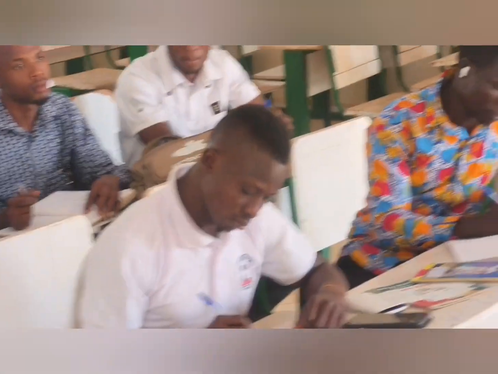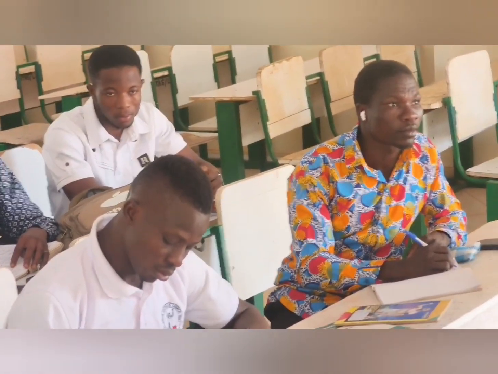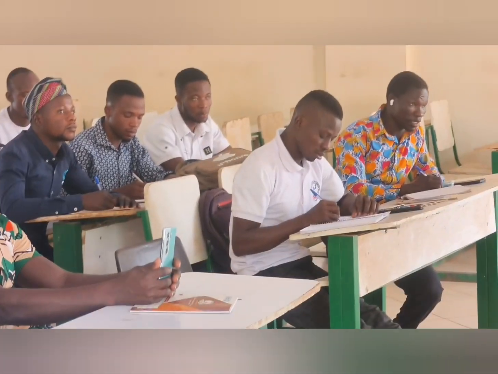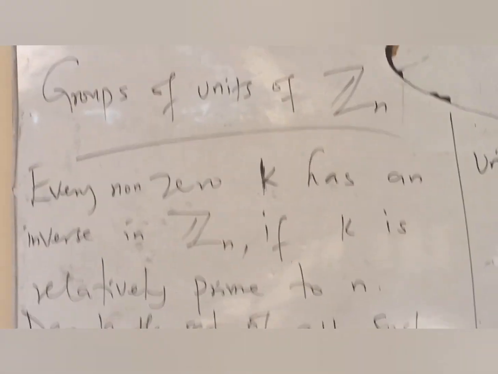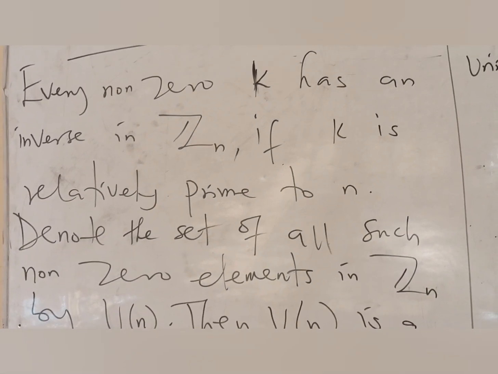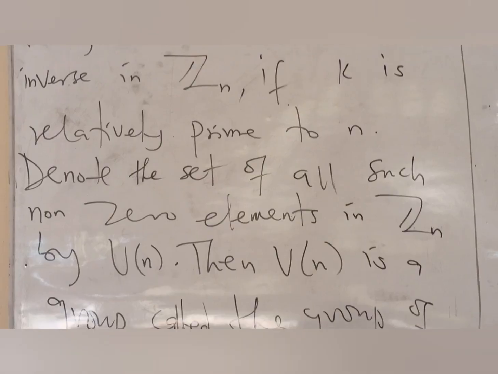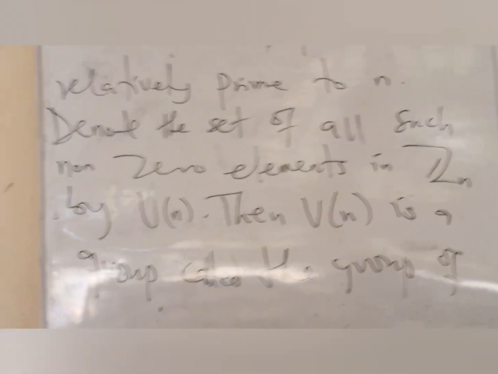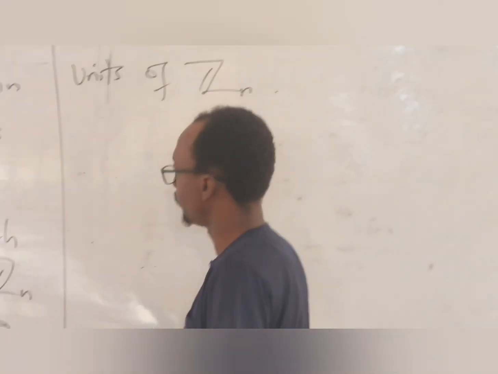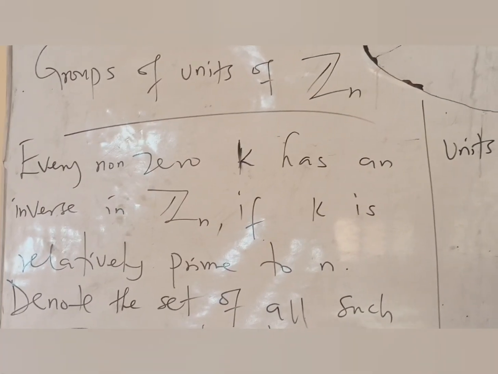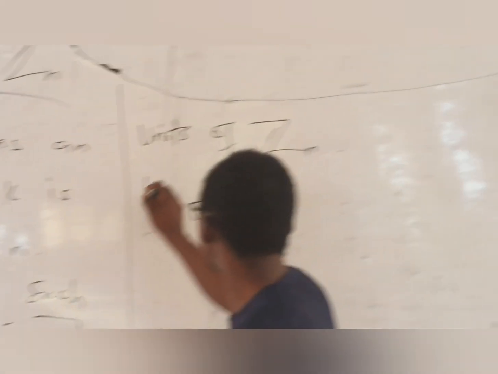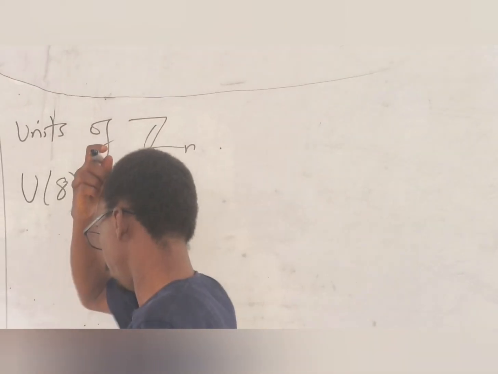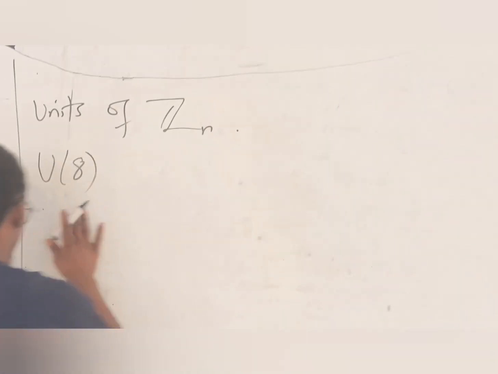Then the group of units of Zn, you see, you could take U of 8, the unit group, modulo 8. So if you take U of 8, this is what we are talking about.